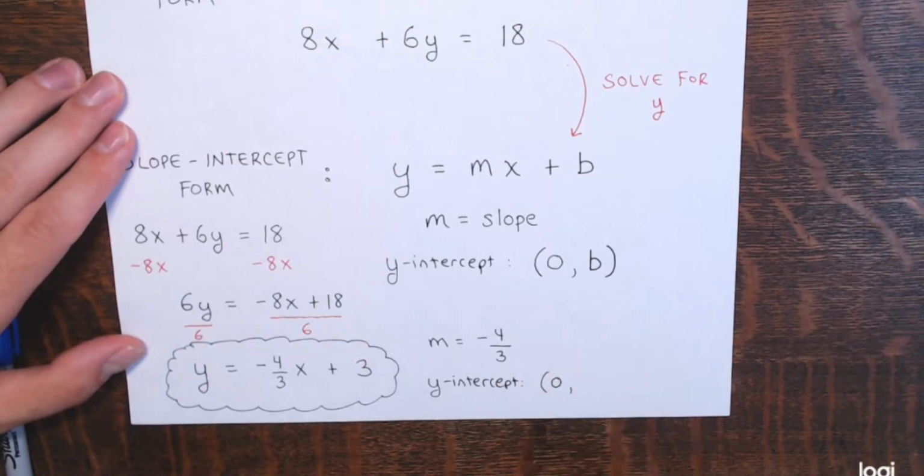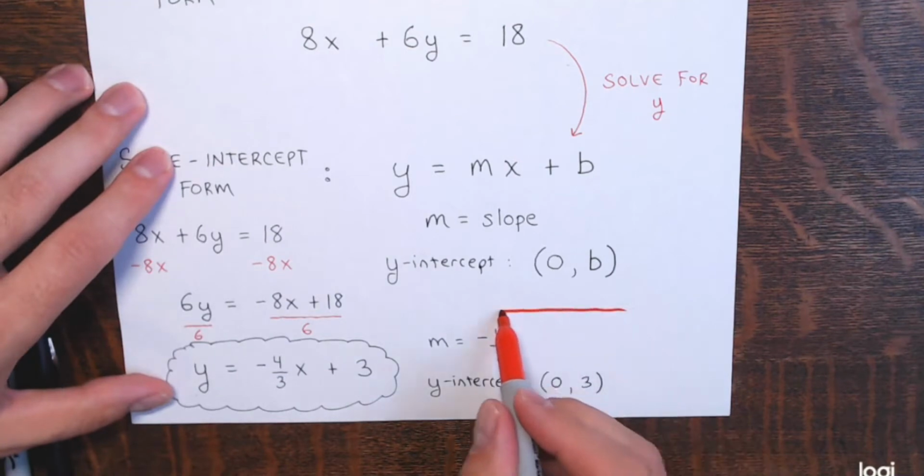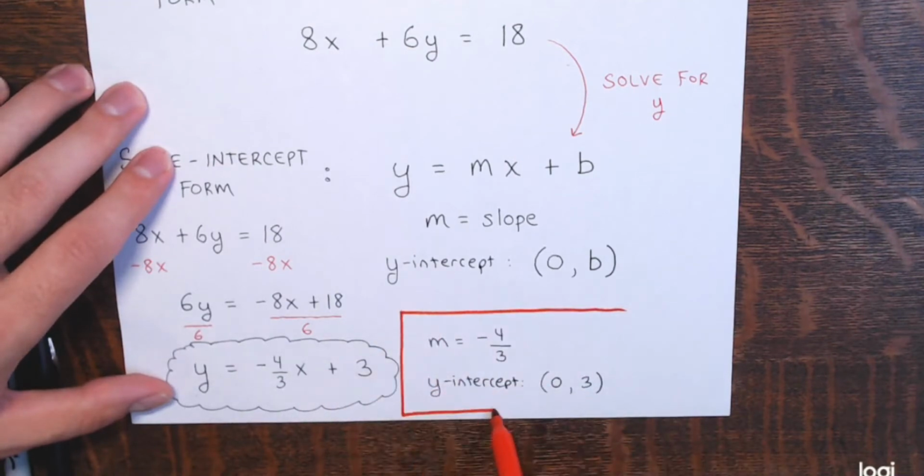You can see very clearly, if x were 0, this term would be gone, and you'd have y equals positive 3. So the point (0, 3) would be on the line. There's the slope and y-intercept of this line.